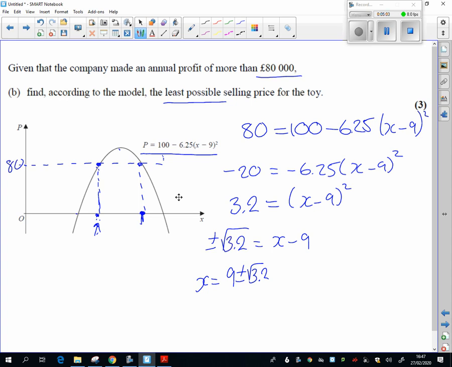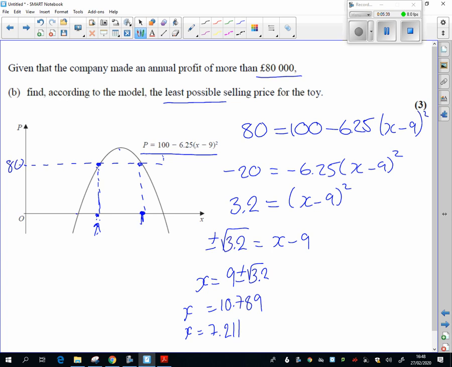If I do 9 plus root 3.2, I get 10.789. I'll go to 3 decimal places for now because that's going to be important for our final answer. And if I do 9 minus root 3.2, I get 7.211.